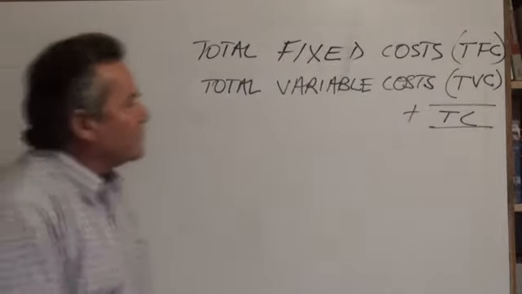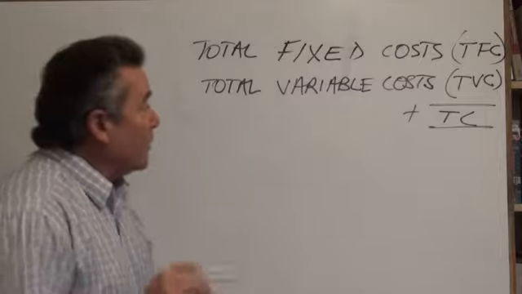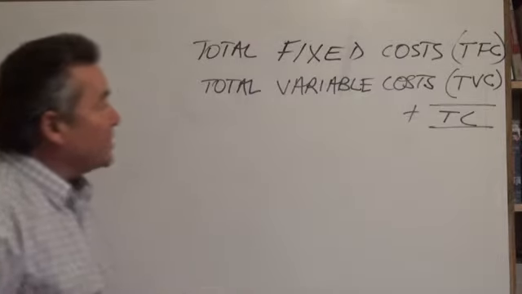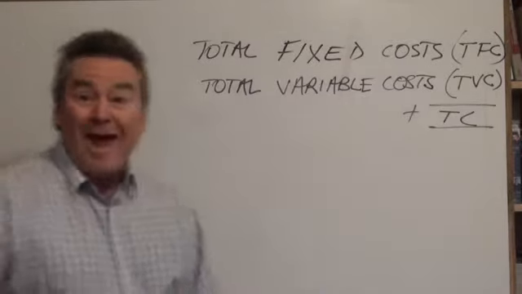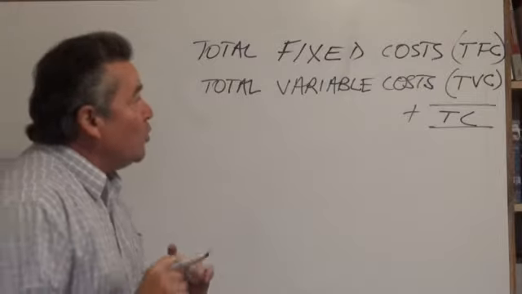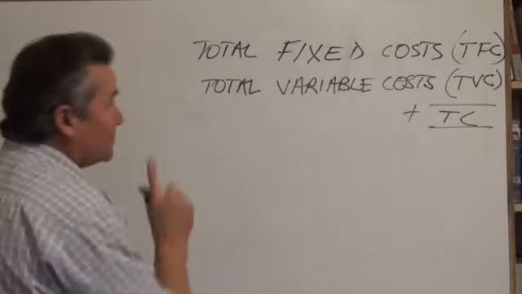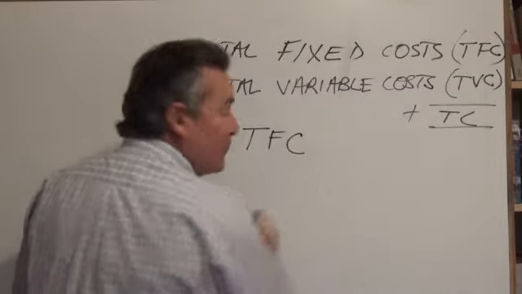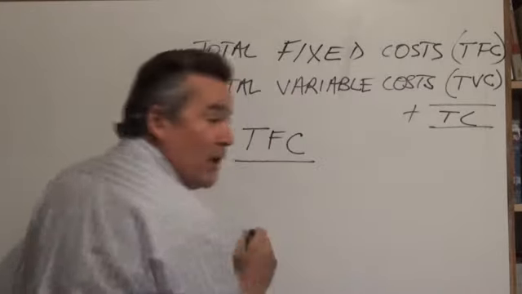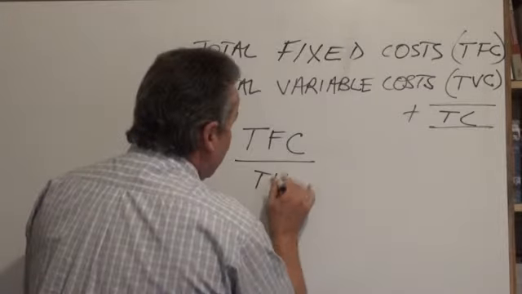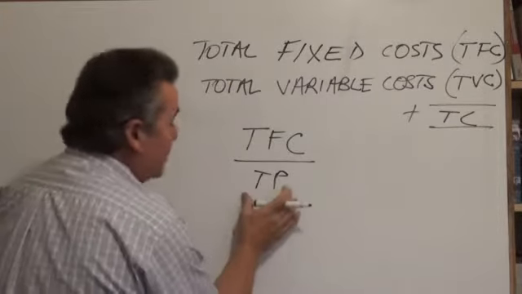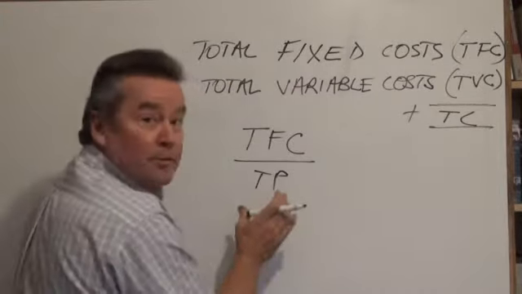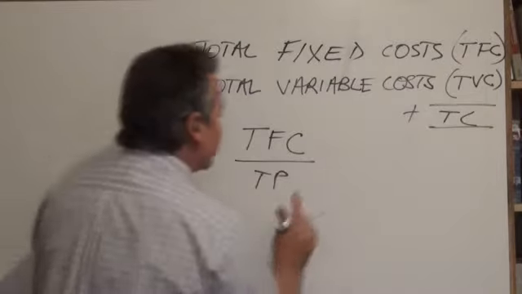Now, we saw when we talked about production and productivity, the usefulness of averaging. So if we do that here, we might take our total fixed costs and divide it by the quantity of output that we're producing, TP, and in some textbooks this will simply be Q, quantity of output, so that's okay.